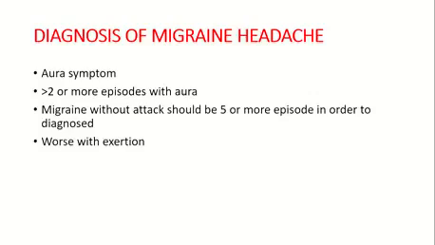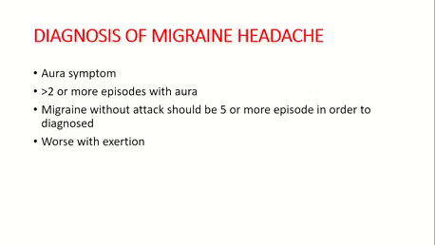It should be more than 5 attacks. If there is no aura, there is nothing preceding this migraine, and we have seen the different signs or clinical features of this migraine, and we use the pounding description where we had a pulsating effect. Those are the things you need to take note of so that you can diagnose a migraine headache.